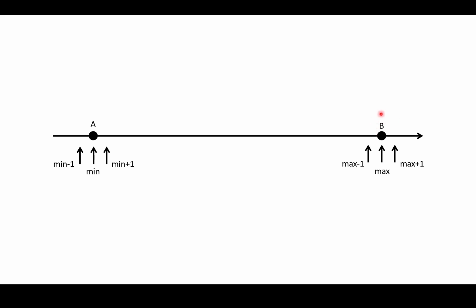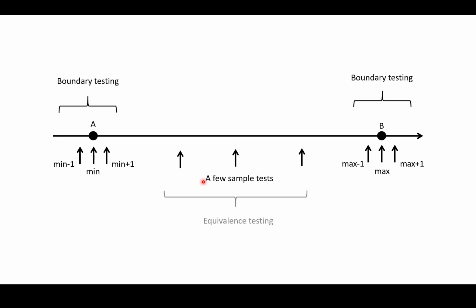Maybe I have a less than or equal to, and it should just have been a less than or something like that. So that's my border retest, and the equivalence partitioning here is just that I take a few sample tests inside. So boundary testing and equivalence testing. That's our 2 approaches, and combining with branch testing.